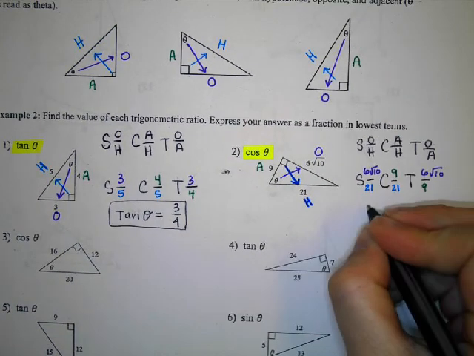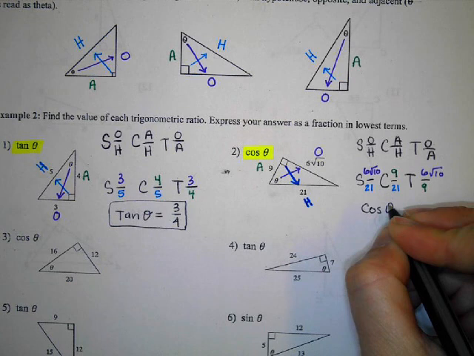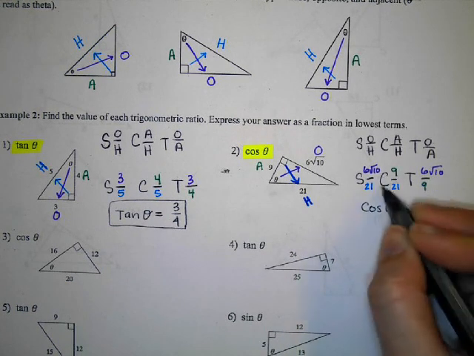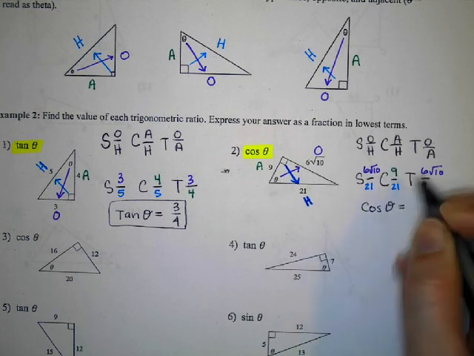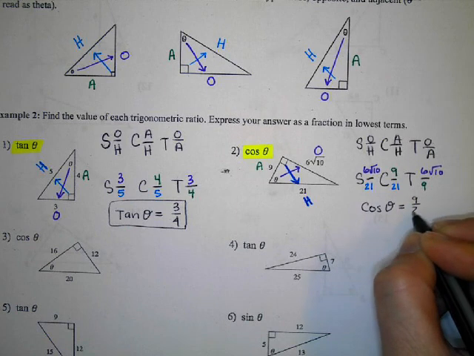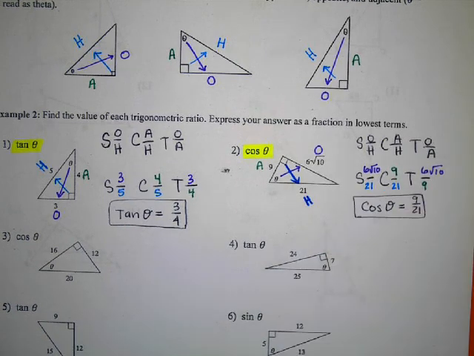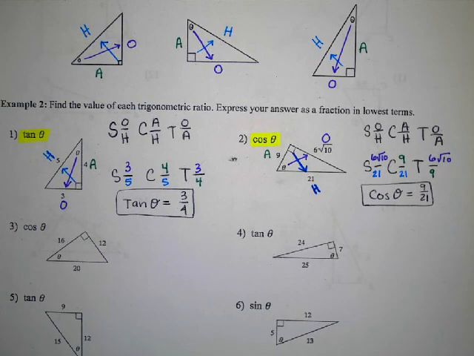It asks for cosine of theta. Cosine would be 9 over 21. So if I label my sides incorrectly, it will mess up all my fractions. That's usually where the error comes from. Labeling wrong on accident.